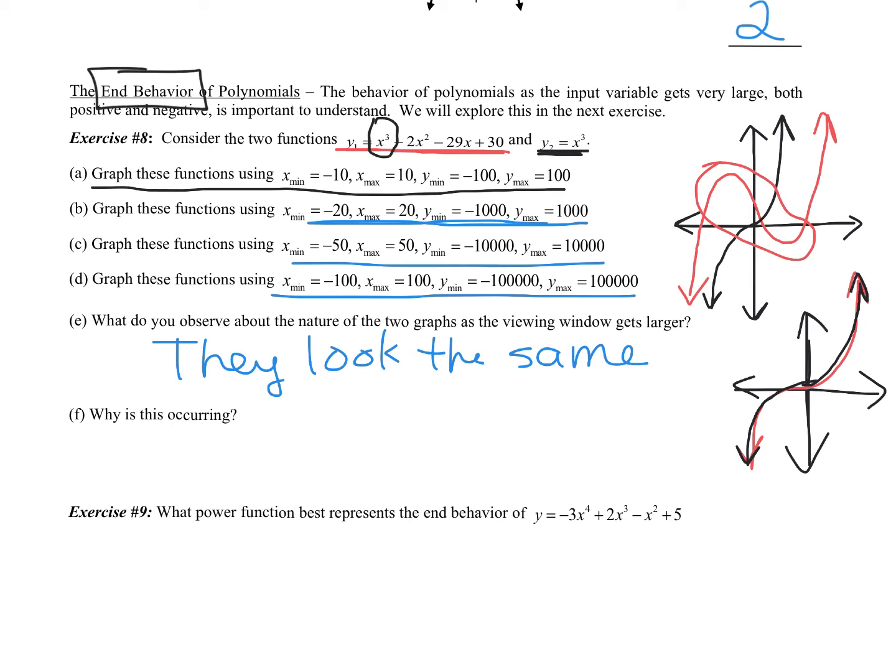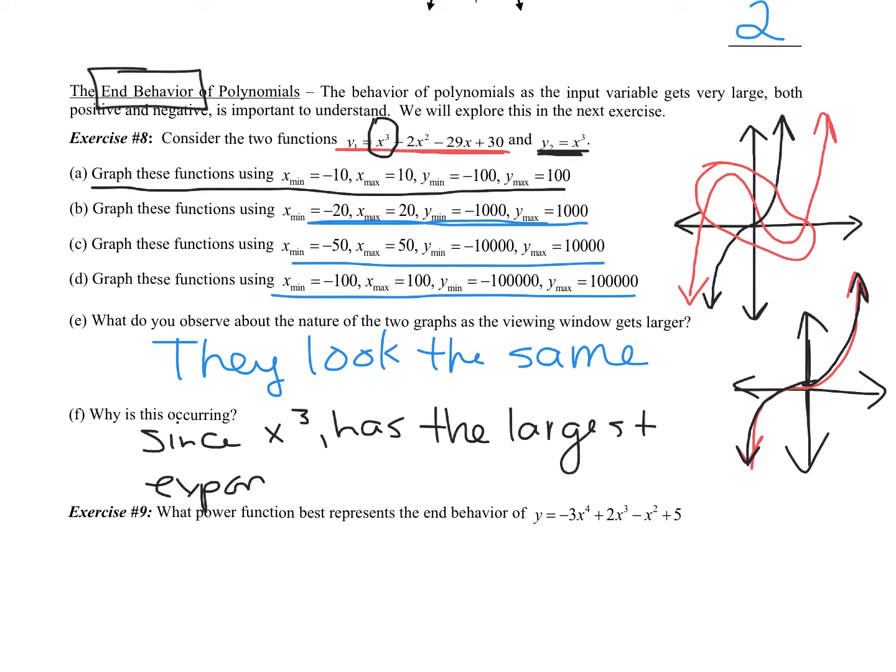So basically, since x cubed has the largest exponent, the end behavior will model that power function.